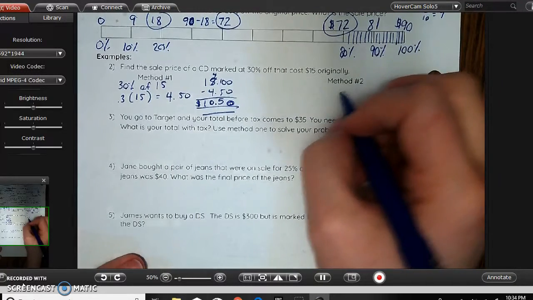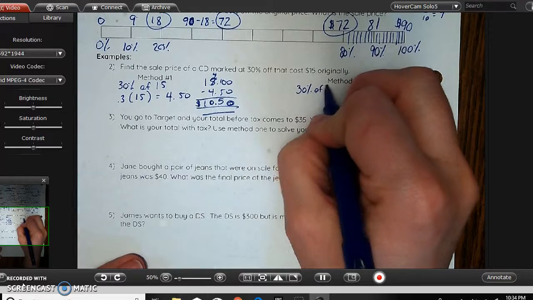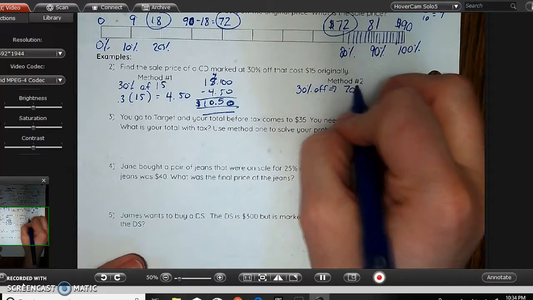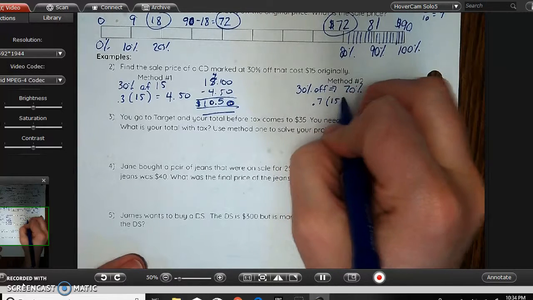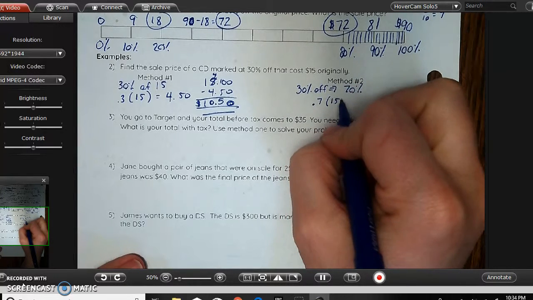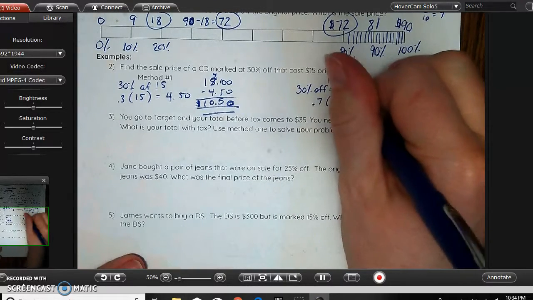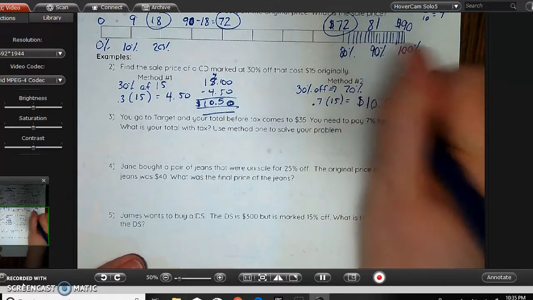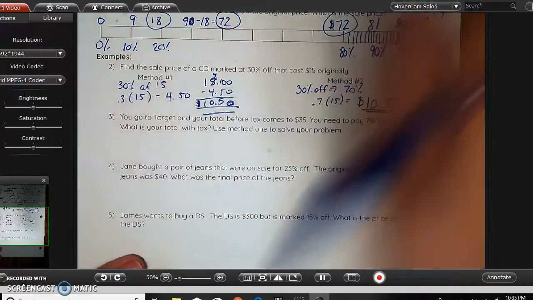Method 2, I'm going to go, oh, if it's 30% off, that means I'm paying 70% of the price. So I just do 70% as a decimal, 0.7 times 15, and I get $10.50. So I still get the same price. It is just how my brain works and wraps around it. Doesn't matter, you pick.